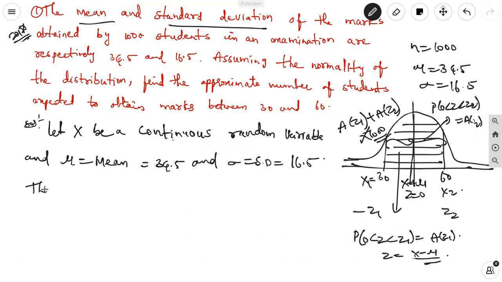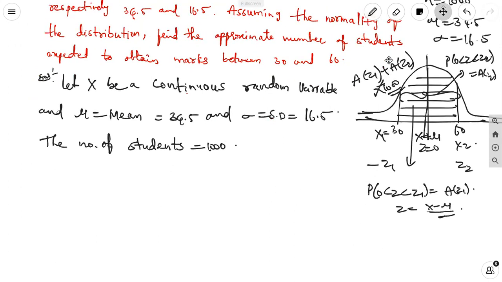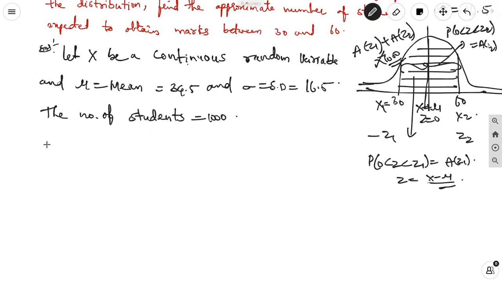And the number of students is 1,000. So from the tabular form, we can calculate and obtain the marks between x1 is equal to 30 and x2 equal to 60. We can calculate the probability of x1 less than x less than x2.